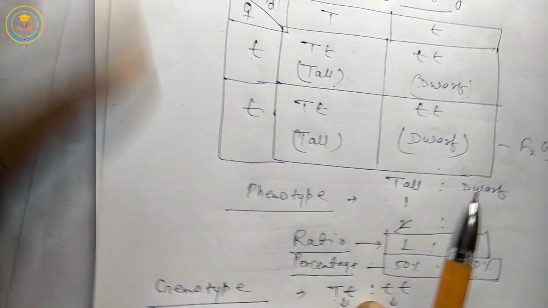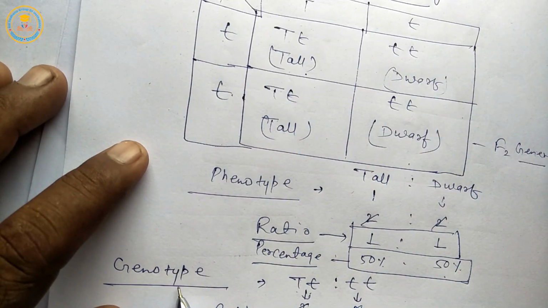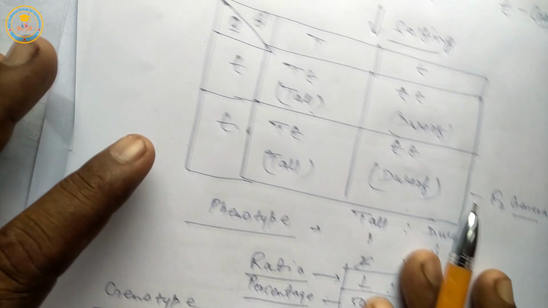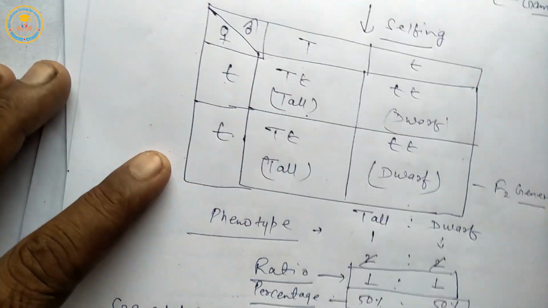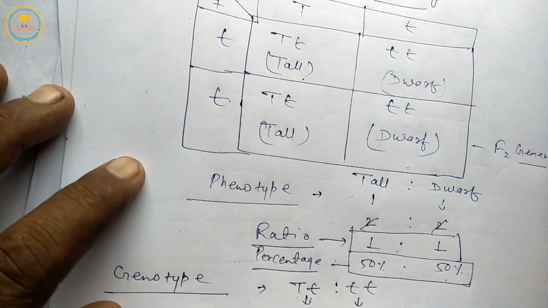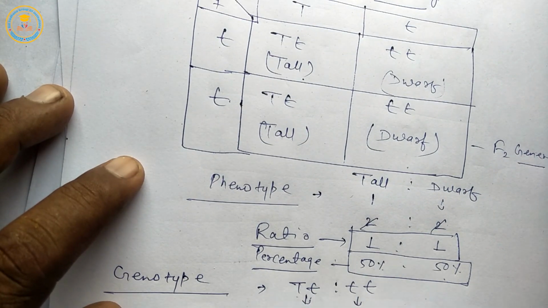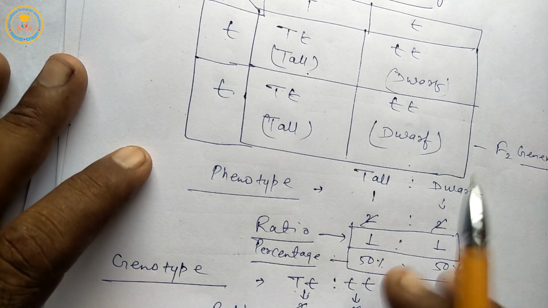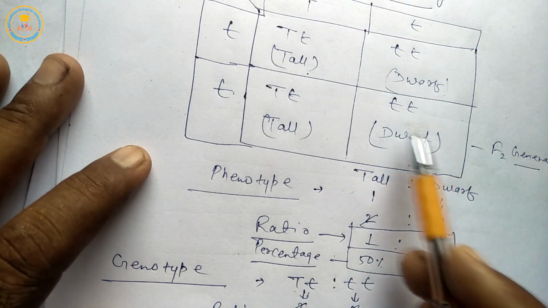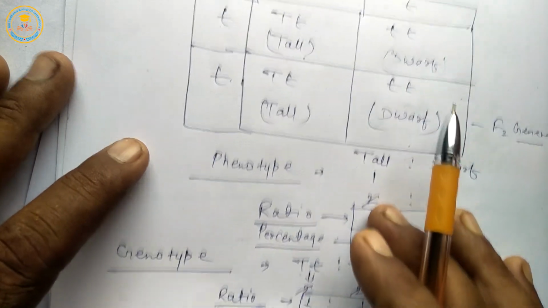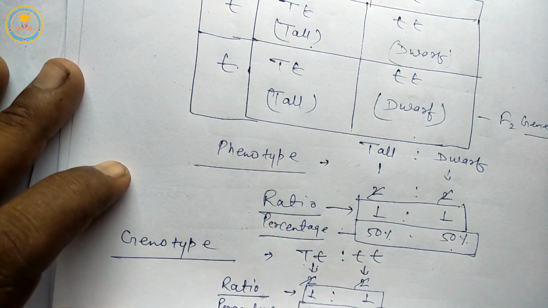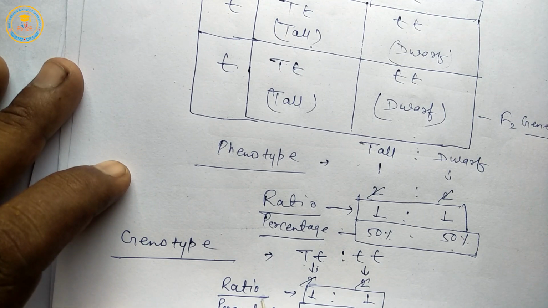Next, genotype, it means genetic constitution. First is capital T, small t plant, 1, 2, it means 2 plants are heterozygous forms, capital T, small t. Second, small t, small t, small t, small t, it means recessive homozygous is 2 plants, 1, 2. Next, ratio is 1:1, it means genetic ratio of test cross is 1:1.